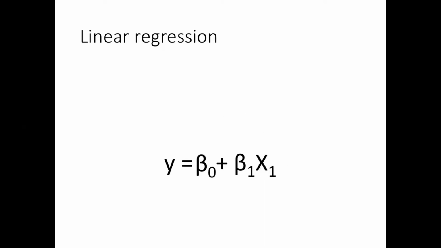So if y is equal to beta naught plus beta 1 x1 is the understanding of linear regression in general, then the entire exercise is about interpretation, calculation and identification of beta 1. So the entire effort that we are making while doing linear regression is to find the slope of the line, or to find beta 1.